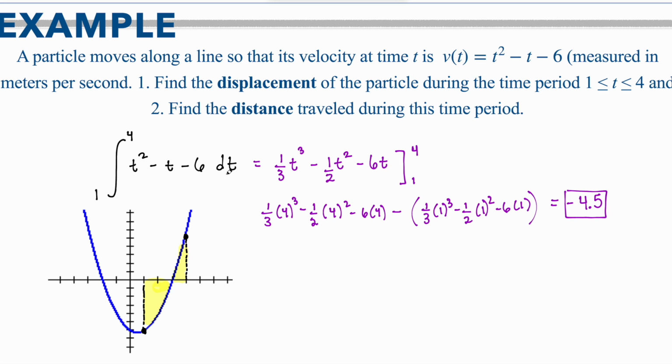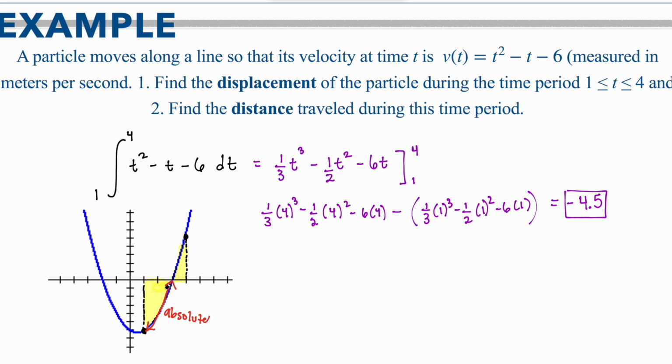It is definitely the area below the x-axis is more than the area above the x-axis, which is why we get a negative with the total displacement, which means we are starting underneath, we're going home, and then we're going away from home. So what's happening though, for the total distance traveled, is I have to figure out what is this total distance traveled from here to here as an absolute value.